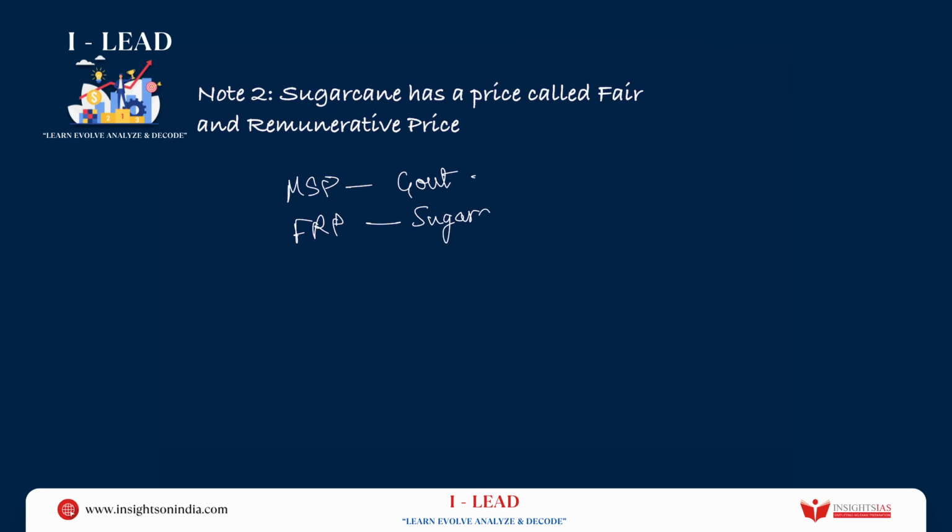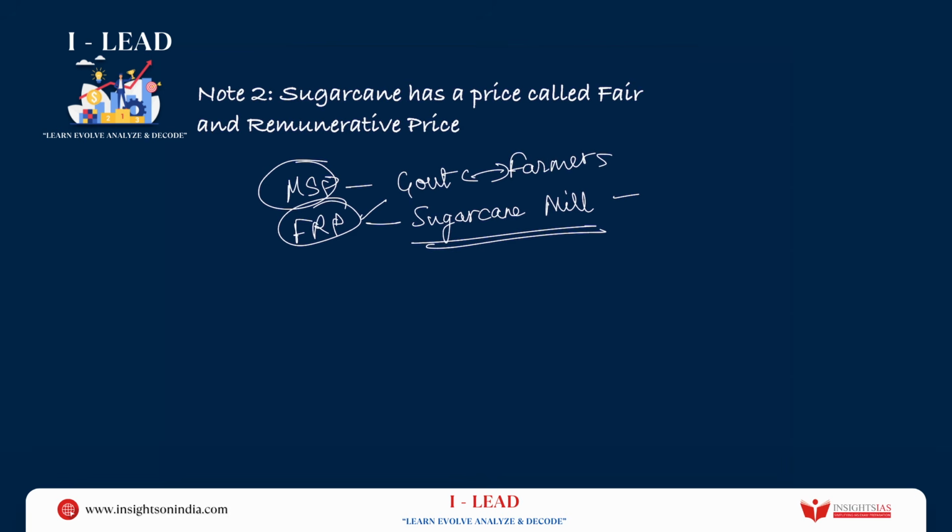Sugarcane mill owners should try to purchase at this fair and remunerative price, so that the sugarcane growers get a fair remuneration for selling their sugarcane to the mill owners. But with MSP, the farmer directly gets it from the government. So that is the main difference between MSP and FRP.